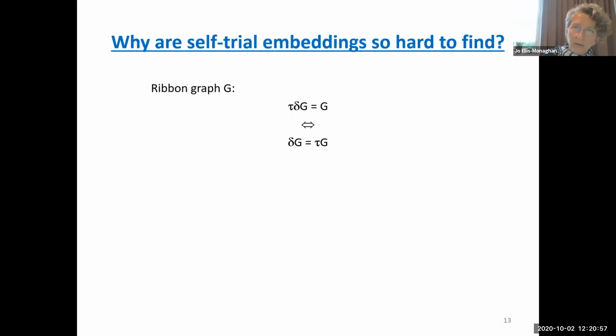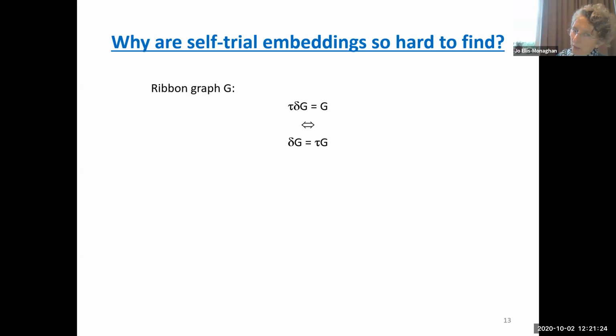All right. Why are these things so hard to find? If you have a ribbon graph that is self-trial, it means that if you take its dual and then you give all the edges a half twist, you get the original graph back.